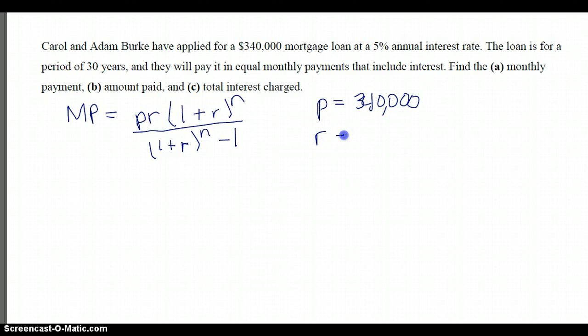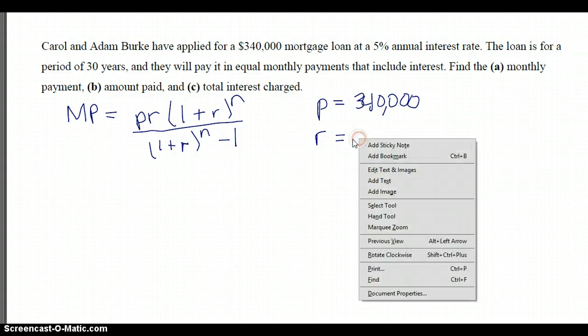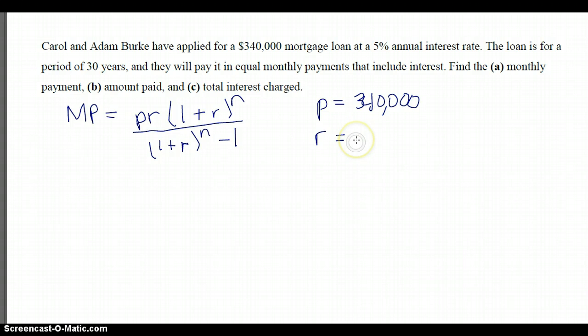R is our interest rate divided by 12. So I'm going to take 0.05 divided by 12, which will give us an R value of 0.0042.